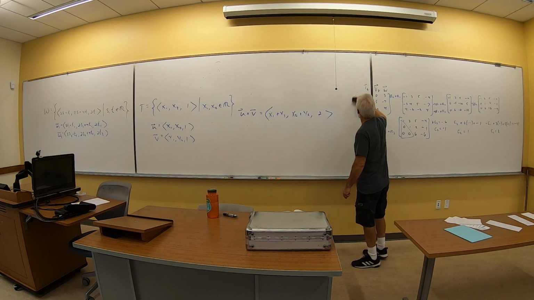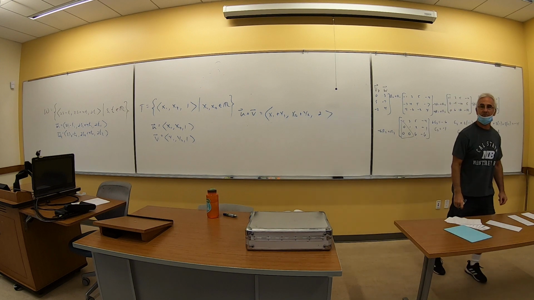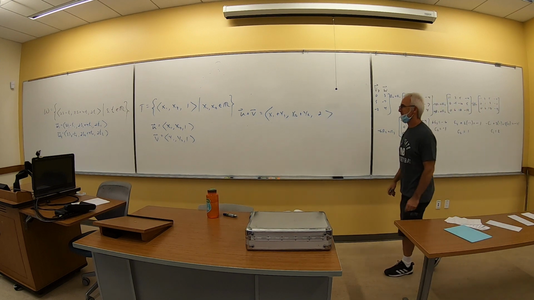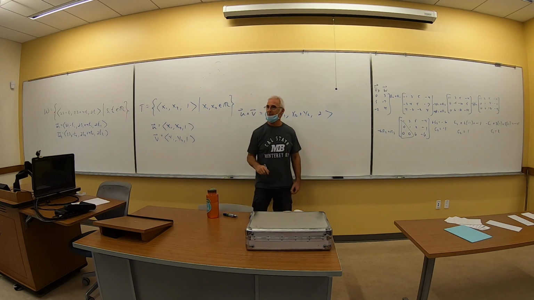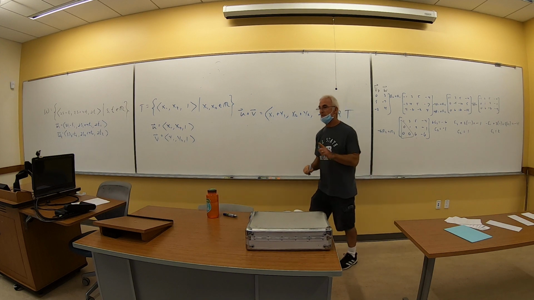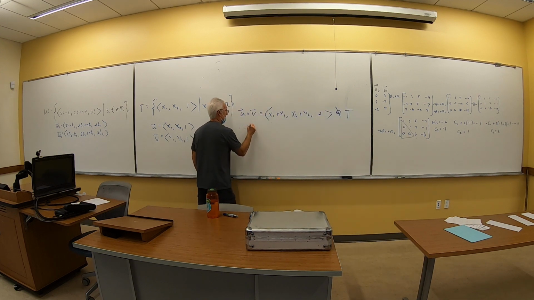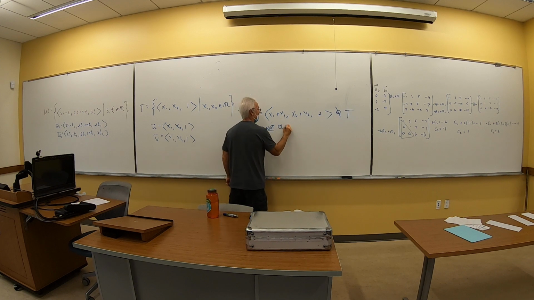Now, what do you think? Is this in the set? No. Why not? The third value is a 2. Well, to be in the set, that third value needs to be a 1. So I'm going to write, I called it T this time, sorry, this is not in T. Therefore, T is not closed.